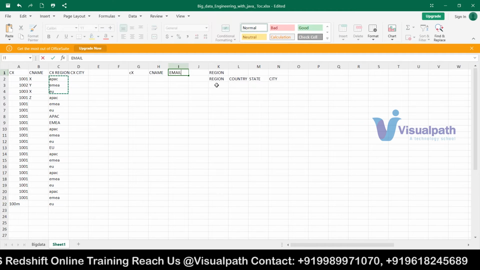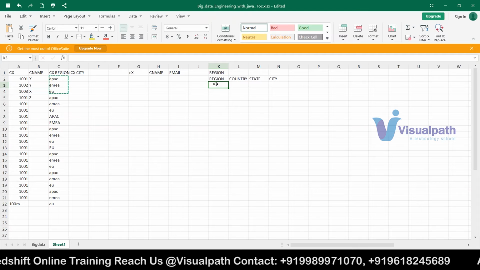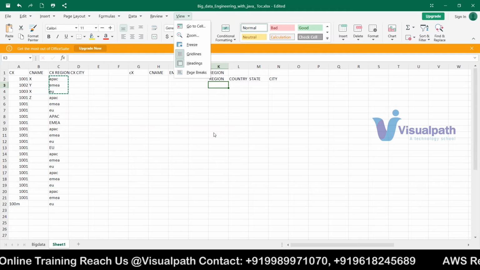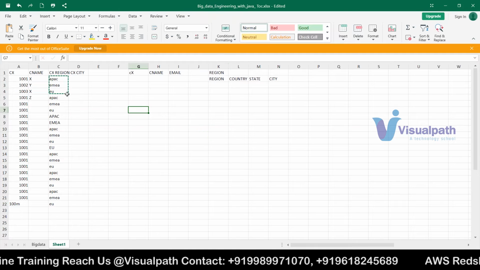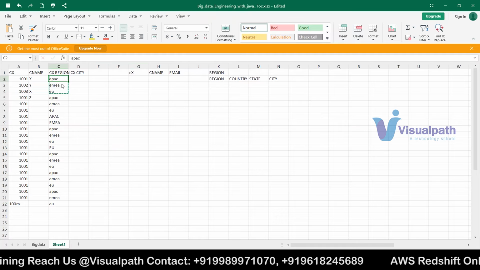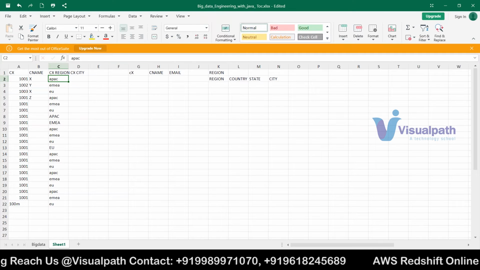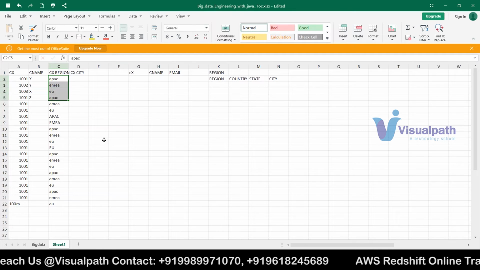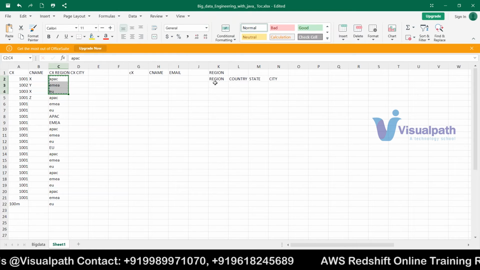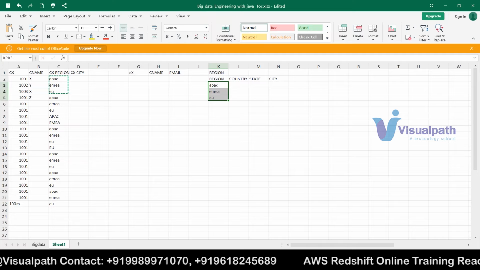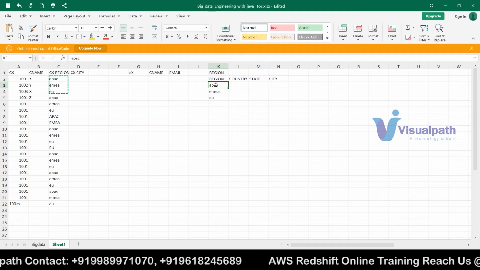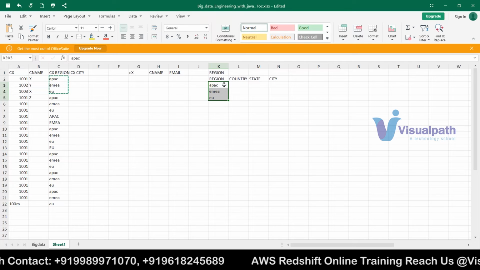But you see here in region, now this region will have only, let's say we have only 3 regions. So that's all. The region will have only these 3 values in this table.